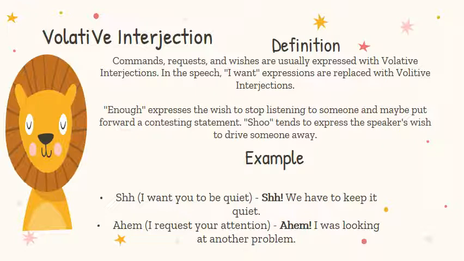The expressions are replaced with a vocative interjection. Or maybe the word "enough" expresses the wish to stop listening to someone and maybe put forward a contesting statement. Or maybe we can use "shh," which tends to express the speaker's wish to drive someone away.